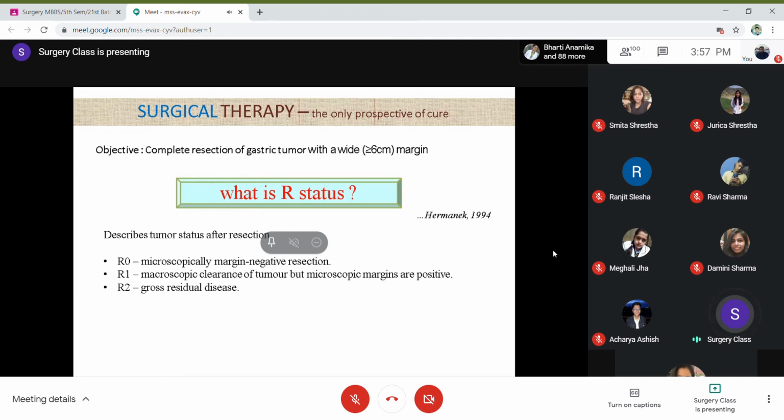Those are palliative treatment. In palliative surgery, where the patient is bleeding profusely or has an obstruction, only in those cases is an R1 or R2 resection justified. Otherwise, you have to do an R0 resection.